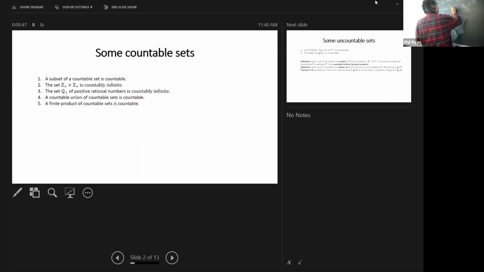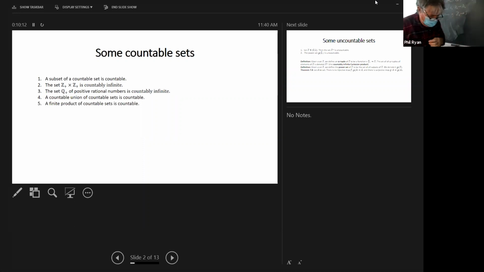Let's call that Fn, that goes from Z plus. So we've got a surjection for each set, and we have a surjection G that goes from the positive integers to our indexing set.